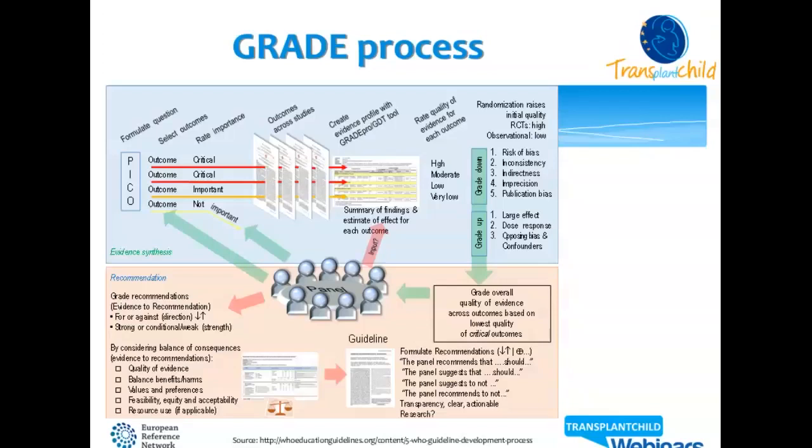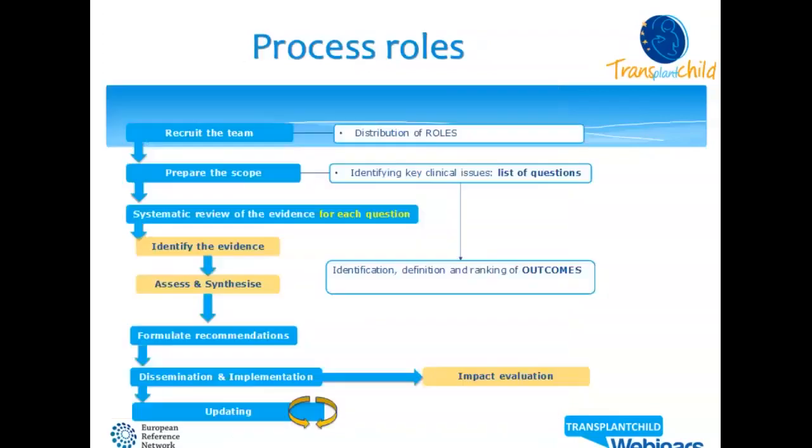So in the top of the image, the light blue square, we have all the process of gathering the evidence and rating the evidence. And with this evidence and something else, all the expert panels need to make a recommendation. As you can see here, we have several processes, but we have panelists, members. They have different roles. And this is one of the main things we are going to do in our training.